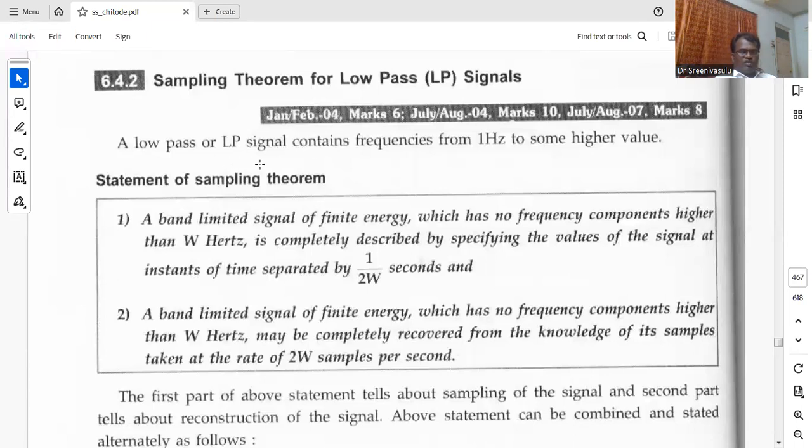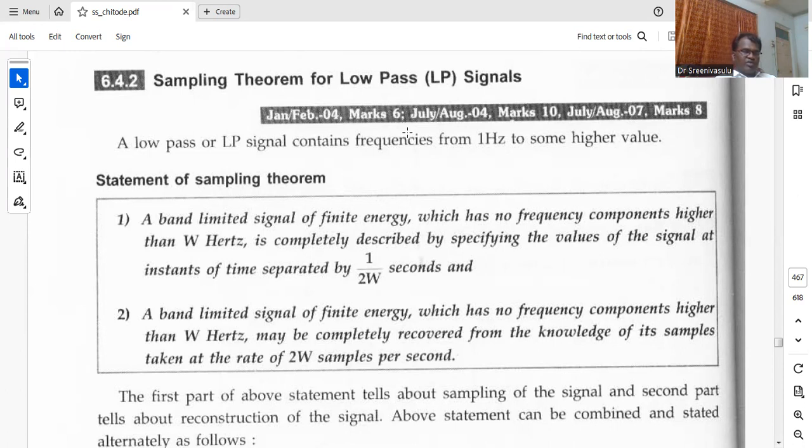Now, the statement of this sampling theorem is: whatever message signal we are considering, you first identify the frequency components present in that signal. How can you identify them? The only choice is to apply the Fourier transform to that signal, and you will get the frequency components in that signal.